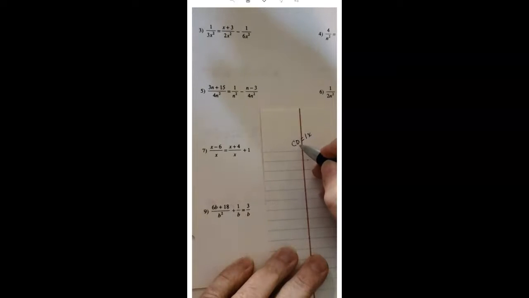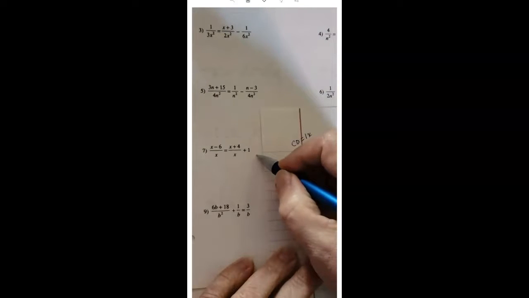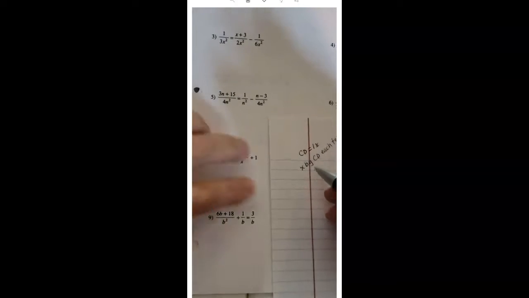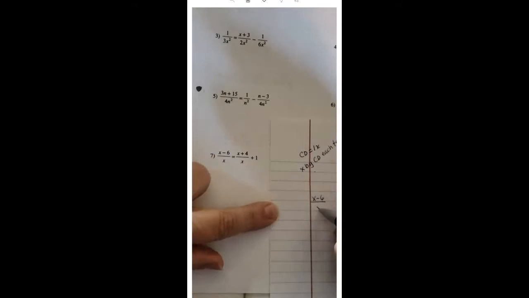Another way to do the same problem, and some students like this better, so I'm going to go ahead and do this method to show it to you. Let's multiply by the common denominator in each term. So on number 7, I'm going to write it down as x minus 6 over x, and I'm going to multiply that by the common denominator, which is 1x.